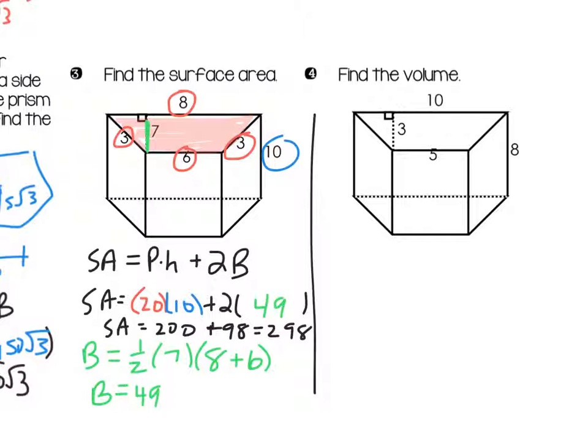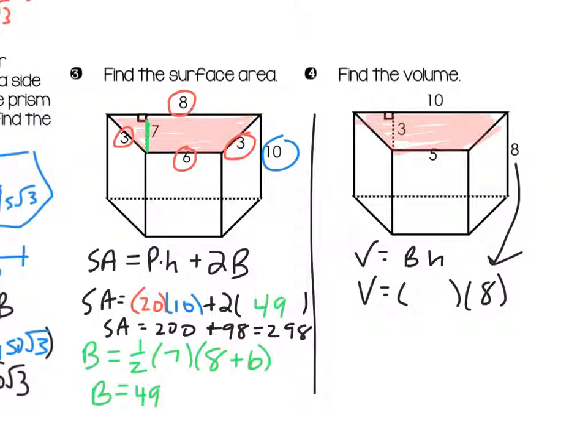And lastly, still have a trapezoidal prism. We're finding volume. So volume equals area of the base times height of the prism. So we'll find area of the base, but the height of the prism is 8. Area of the base, 1/2 times height of the base, which is 3, times base 1 plus base 2.